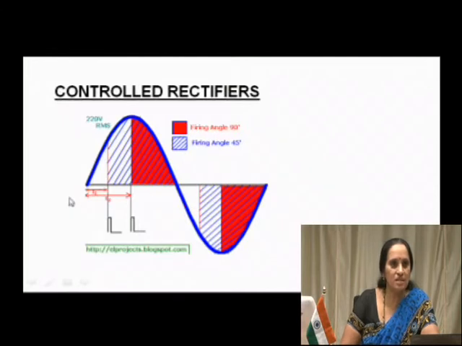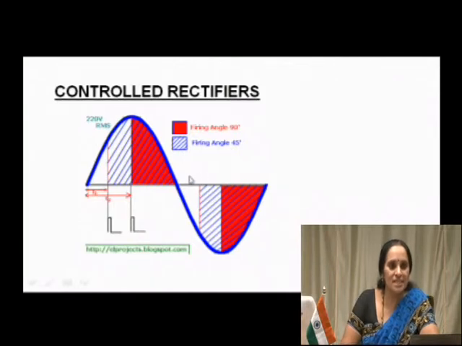Please see, firing angle is always counted from 0 of my applied input voltage. So from 0 to 180 plus 45 it is fired, and another gate pulse can be given at 180 plus 90, that is 270 degrees. So this red portion is fired at 270, and this is fired at 180 plus 45.